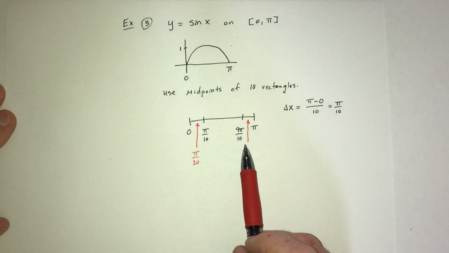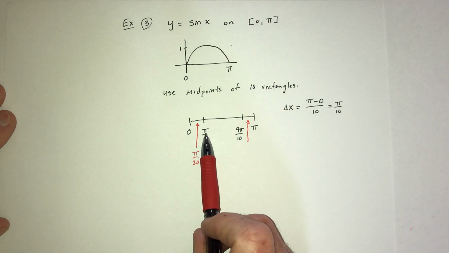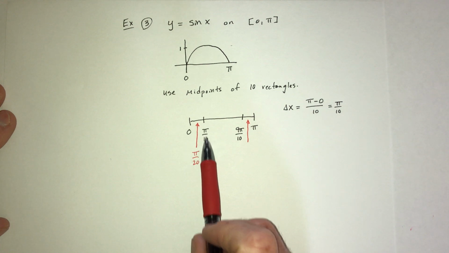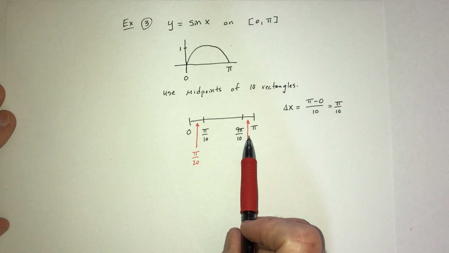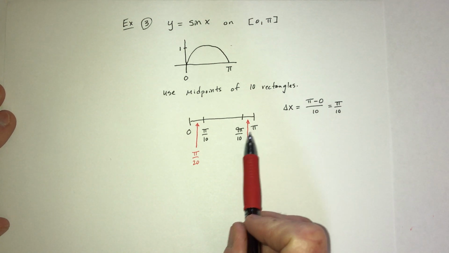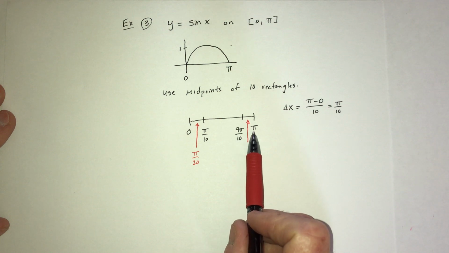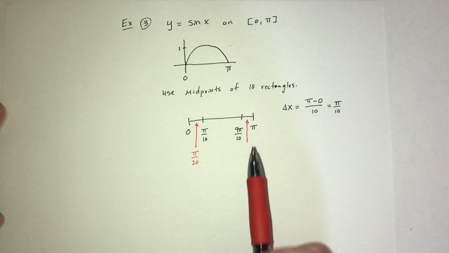Well, there's a couple of ways you could do it. One is the gap between these two is a gap of pi over 20, so you could take pi minus pi over 20. Another way is you average these two. So if you average a pi and 9 pi over 10, that would be right in the middle. I'm going to do it that way.